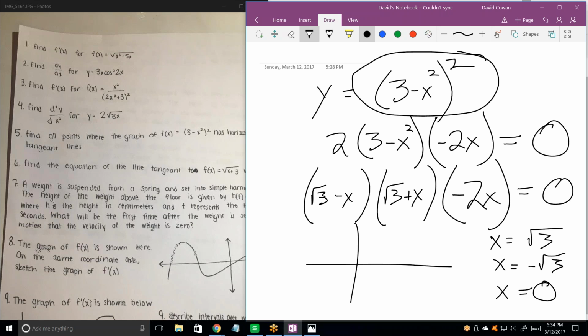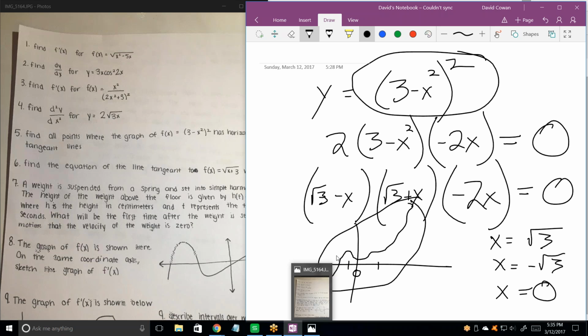Maybe it looks something like that. That being negative root 3, that being positive root 3, and that being 0. This would be the original function, and I would have a flat tangent line there, another one there, and another one there.